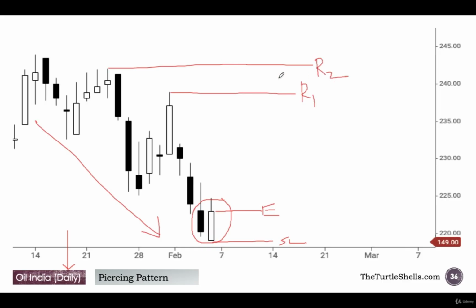Resistance lines are those lines where the bears have shown some strength. This is the point where the downtrend started. This is the point where again the downtrend began. Our price experienced some pressure. So this is the zone we are looking at. So if the price enters near that zone somewhere, we might look at exiting from the trade.